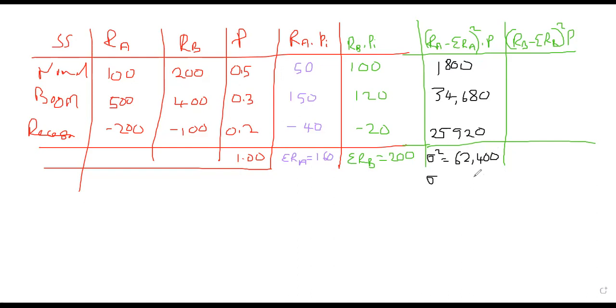When you square root it, it is called the standard deviation, 249.80. And we divide this standard deviation by our expected return. It's called the coefficient of variation, CV. So we divide this by 160. We're going to get 1.56. Coefficient of variation is very important because the higher the coefficient, the more risk. So we want to know which one has more risk between the two assets, A or B.